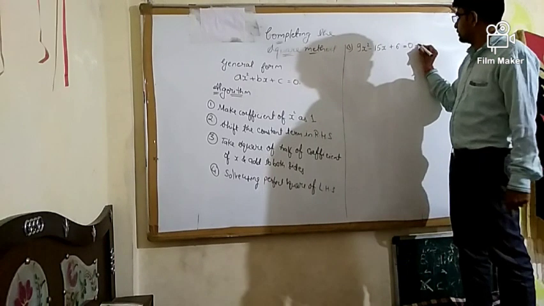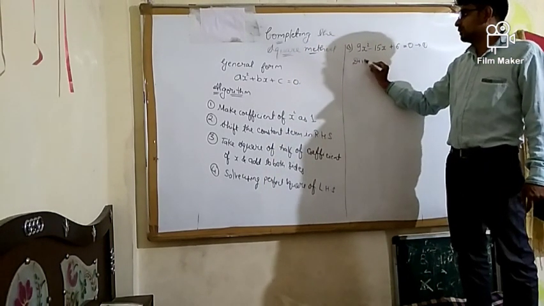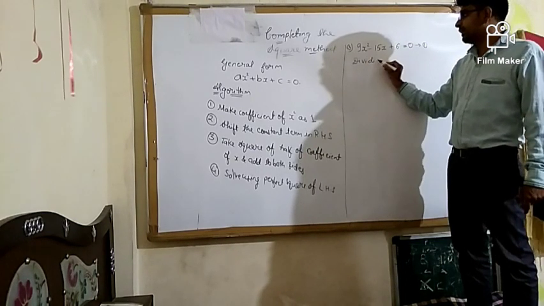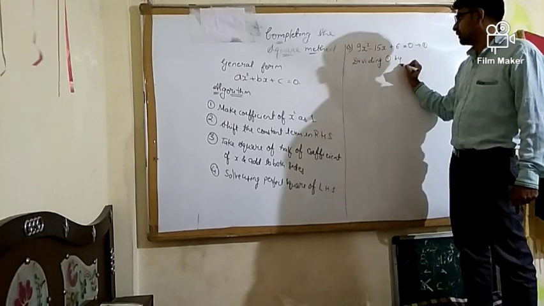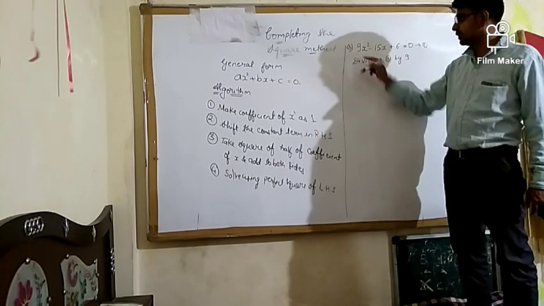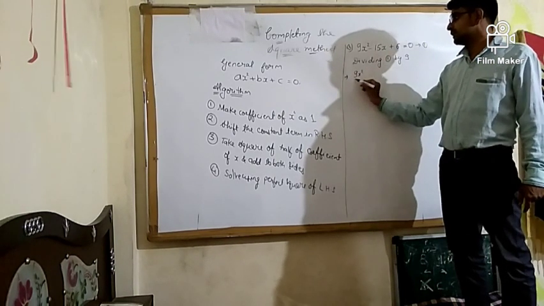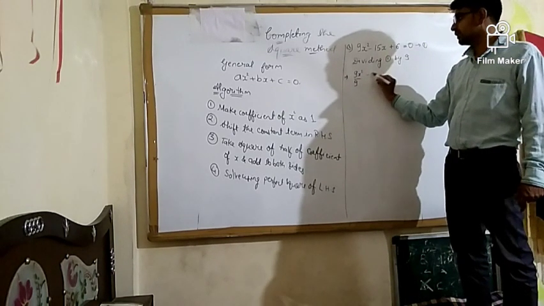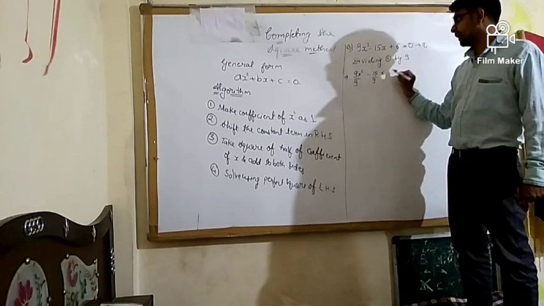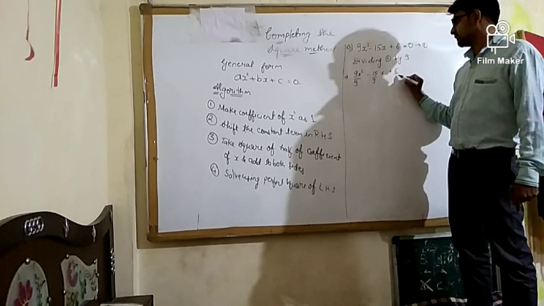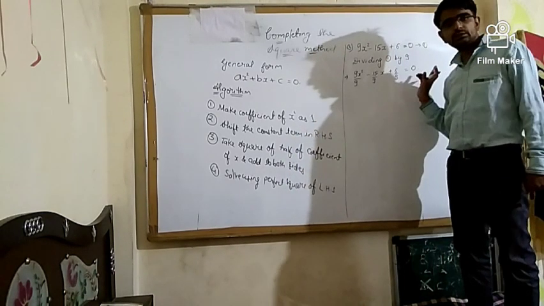Suppose this is my equation 1. I am dividing equation 1 by 9. So what I will get is 9x square by 9 minus 15 upon 9x plus 6 upon 9 is equal to 0 by 9, which will be 0.